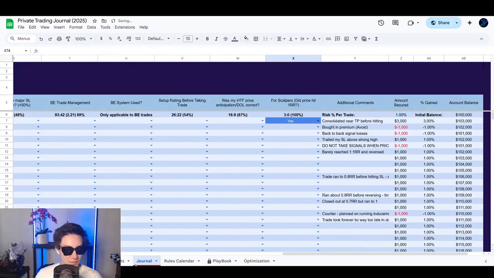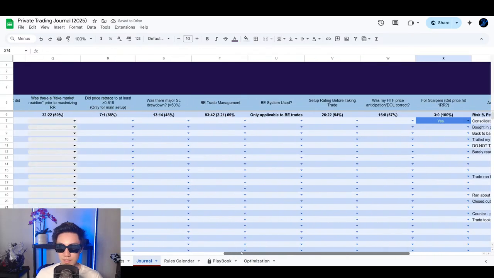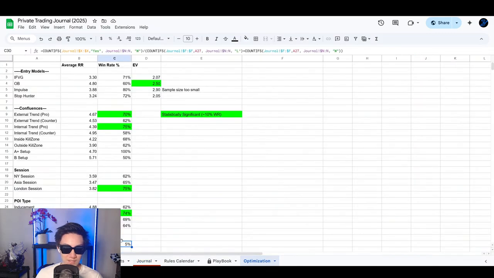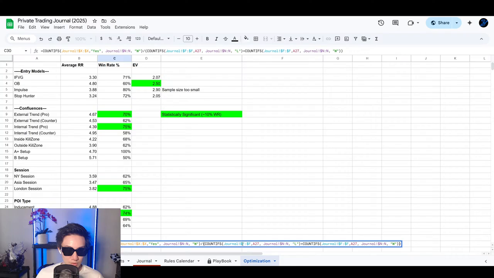Let me think if that makes sense. Yes, it looks for the win rate. Okay, it should make sense. We'll check it real quick. We can fact check this quite easily.